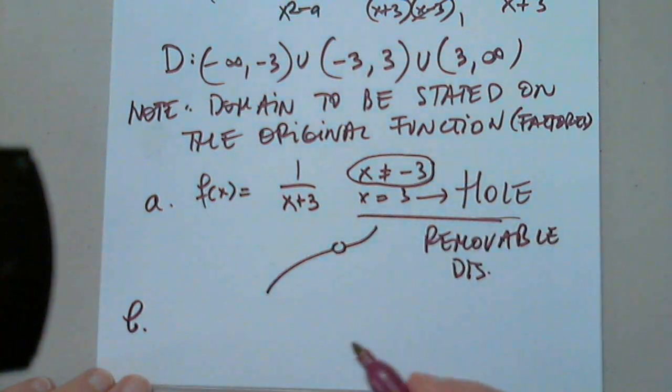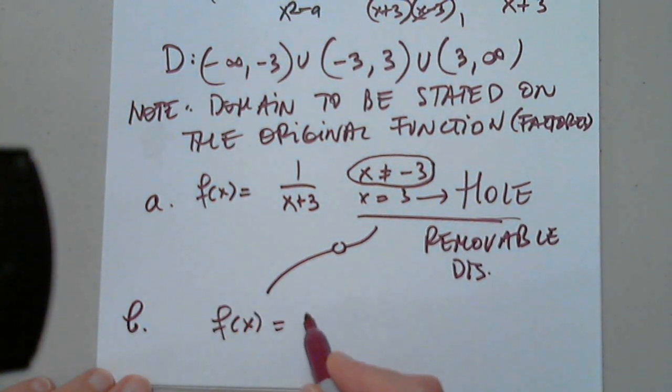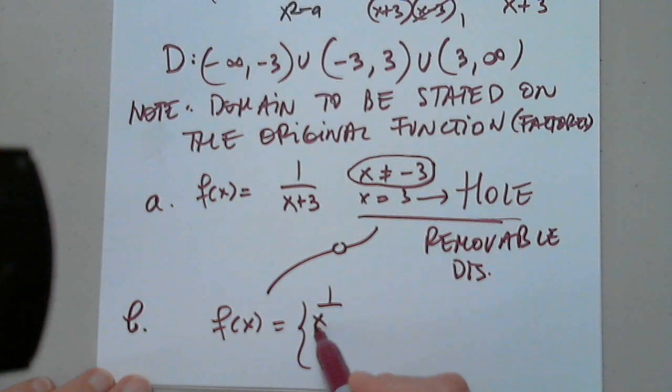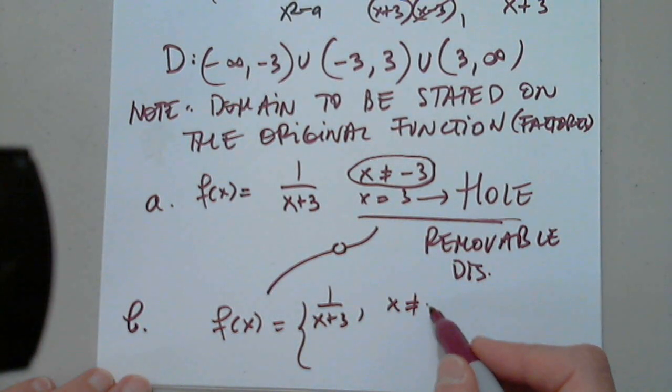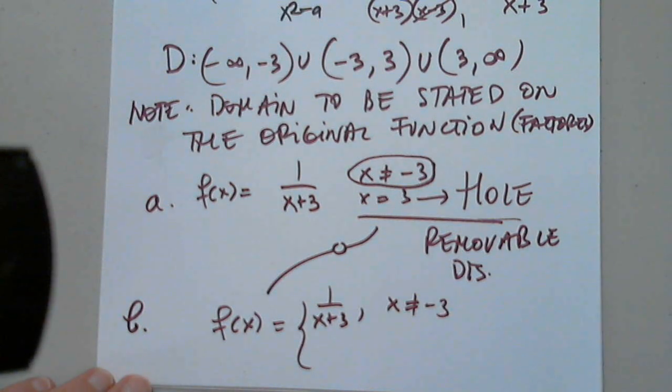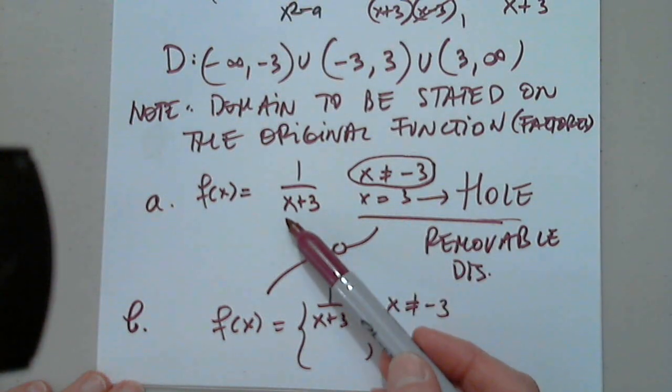Rearrange, write the function again. Here's how I would write the function: 1 over x plus 3 for x not equal to 3, and for x equals 3, all I have to do is plug it in.